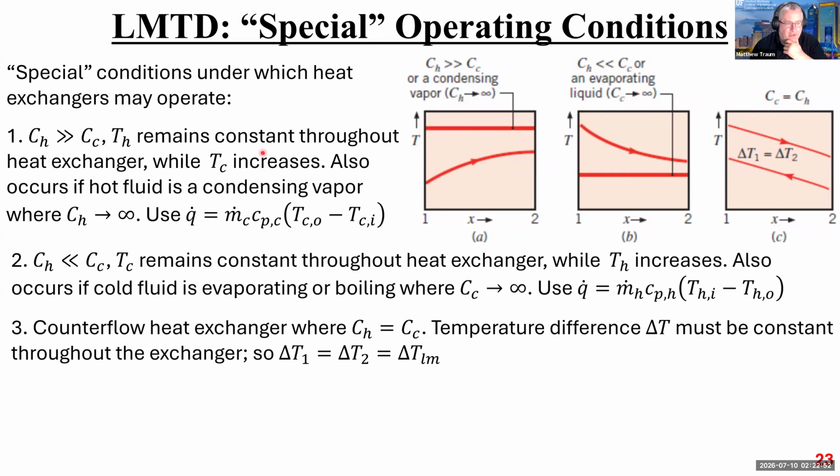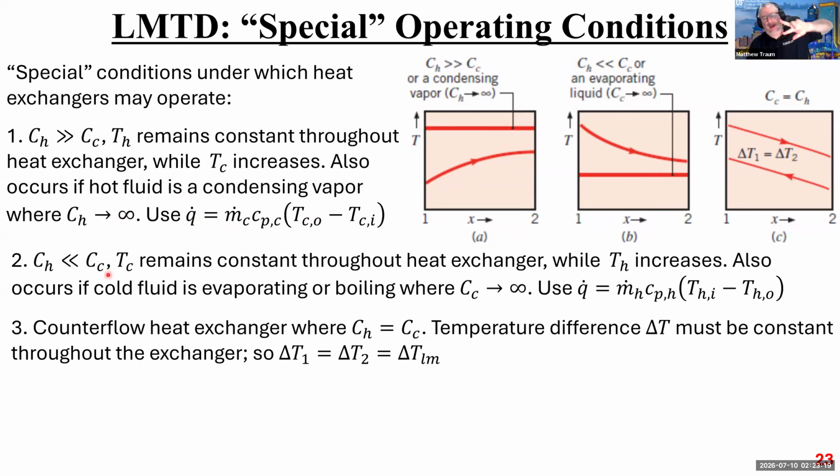So I say here, CH basically goes to infinity for the case you have a condensing vapor, a fluid going from a vapor to a liquid, at constant temperature. So in this case, you should use Q dot equals m dot CP delta T to do your Q dot calculations, as opposed to trying to use the LMTD method.